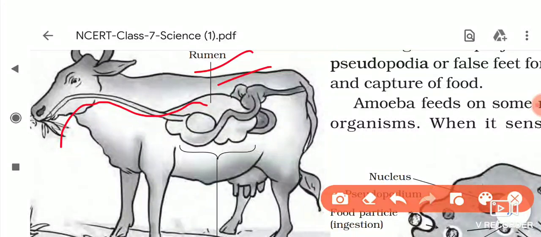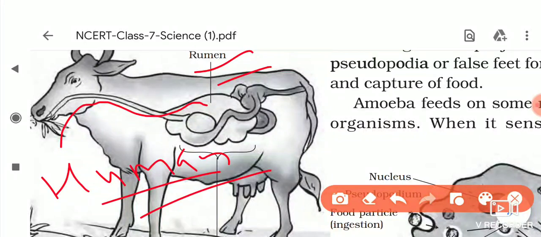Human beings cannot digest cellulose. Why? Because we don't have such digestive bacteria which can digest grass. Then the food again passes into the mouth, and then to the reticulum, the second part, then omasum, then abomasum, then small intestine, and then large intestine.